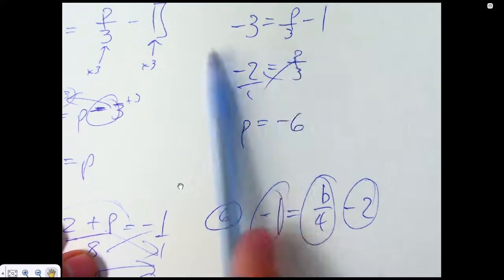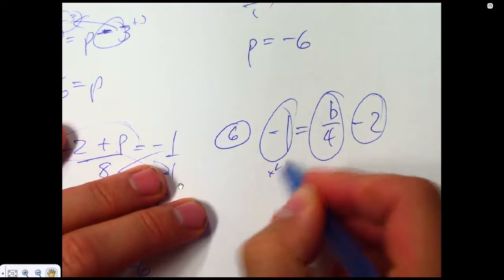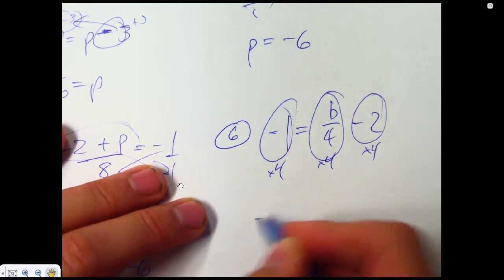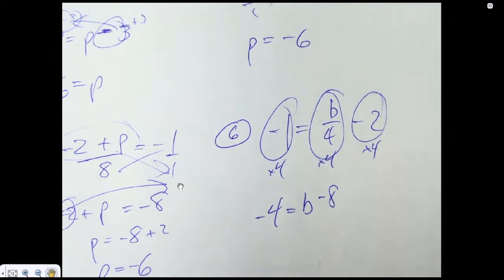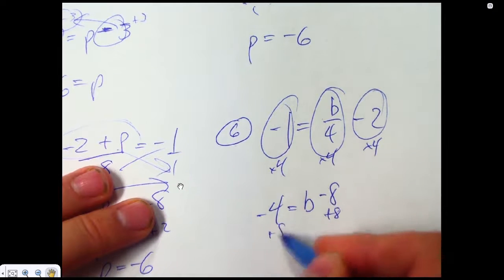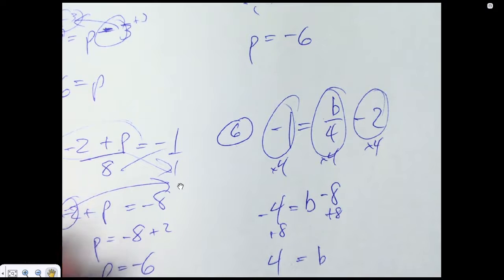You could do this method where you move things to the other side and then cross multiply. Either one will work. So like I said, I would multiply everything by 4. So negative 4, those 4's cancel, equals b minus 8. And then just add 8 to both sides. And b equals 4.